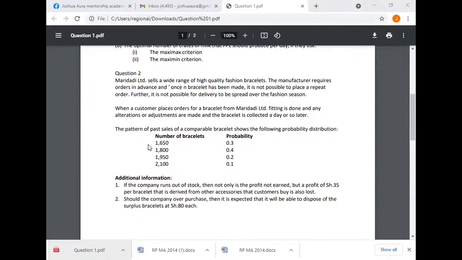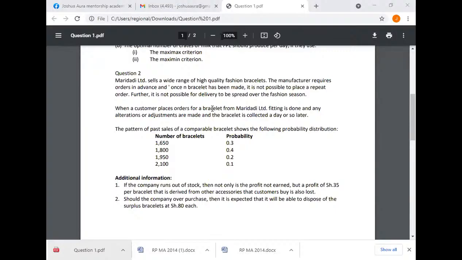So, ladies and gentlemen, we are told here, question number 2, Maridadi Limited sells a wide range of high quality fashion bracelets. The manufacturer requires orders in advance, and once a bracelet has been made, it's not possible to place a repeat order. Further, it's not possible for delivery to be spread over the fashion season.